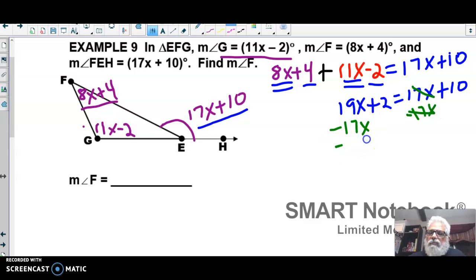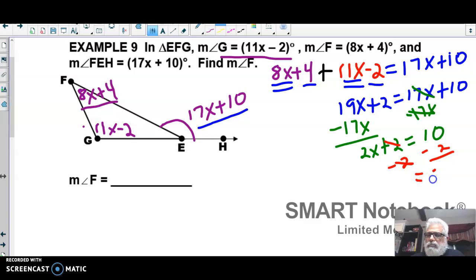So my x's are gone from there. I get 2x here. Bring everything else down. Subtract the 2. Last step, divide by 2. 8 divided by 2 is 4, so my x is equal to 4.